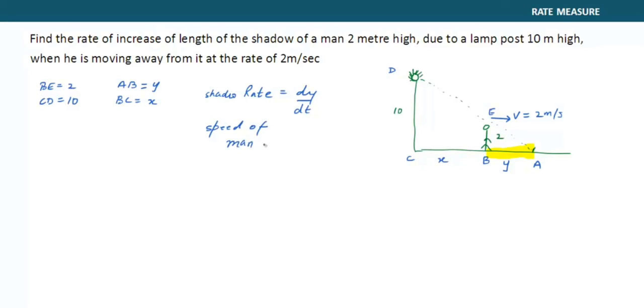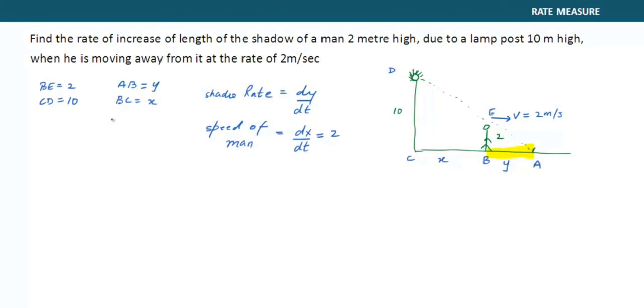The speed of the man according to my diagram will be dx by dt, because he is traveling in this direction, and how much distance he travels is given by x. He is traveling at a constant rate of 2 meter per second, so dx by dt is 2 over here. Now I guess the question is very simple. You need to find a relation which will highlight x and y somewhere down the line.